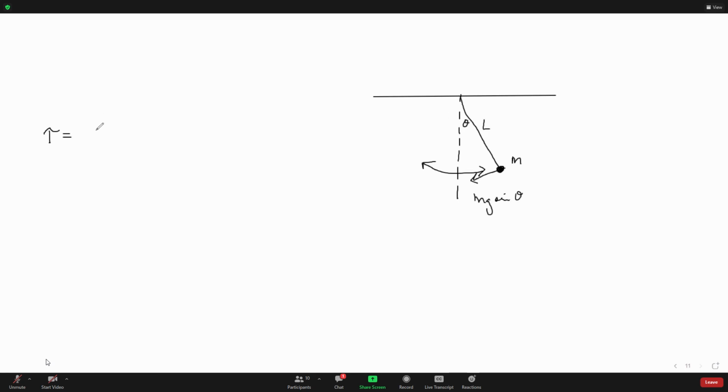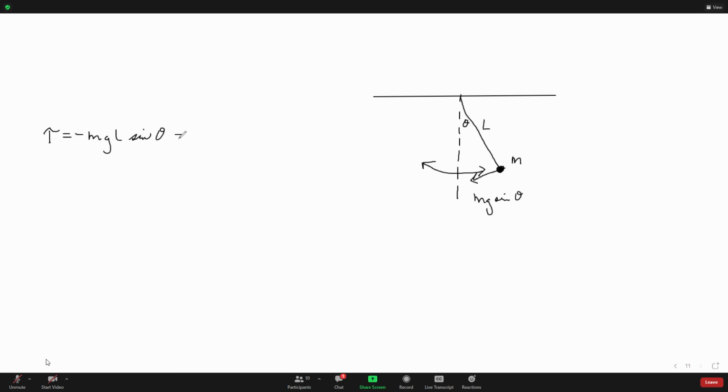So that torque is mgl sine theta. Is it a negative torque or a positive torque? Well, if theta is positive, the torque is negative. If theta is negative, the torque is positive. So I need to put a negative sign there.